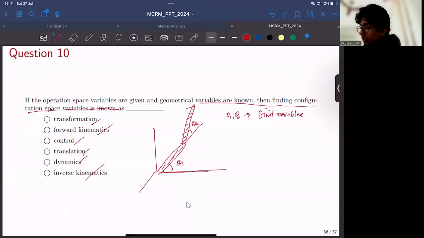Right? You can also call them configuration variables. And x and y, for example, the position coordinates of the tip or the end effector of this robot, you could call these task space variables or operational space.